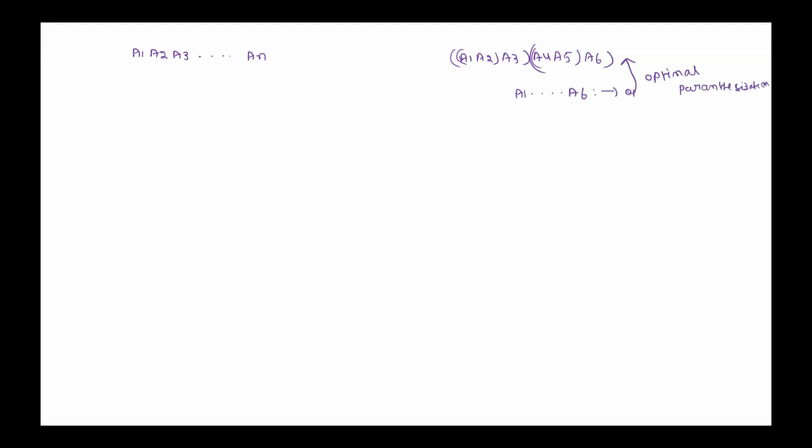Now, what can you say about the optimal way of calculating the product A1, A2, A3, if we know that this is the optimal parenthesization for this? And similarly, what can you say about the optimal way of finding the product A4, A5, A6?